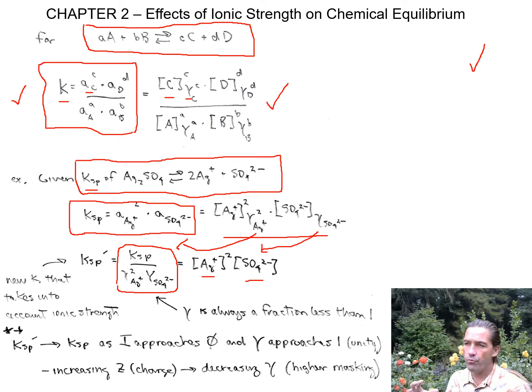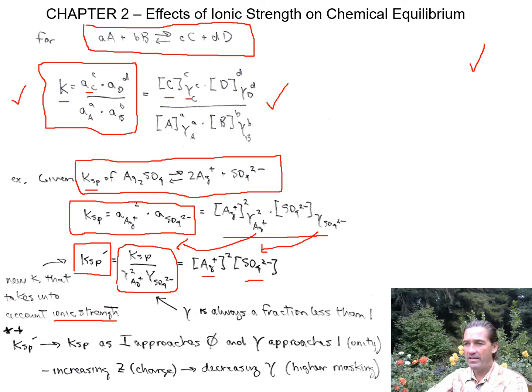So now we're just going to wrap them up together and we make a new constant. This constant, which I'm calling KSP prime, this K prime, now has incorporated the environmental conditions that we're trying to measure this equilibrium in. So in this way, I now have a new K value that takes into account the ionic strength.